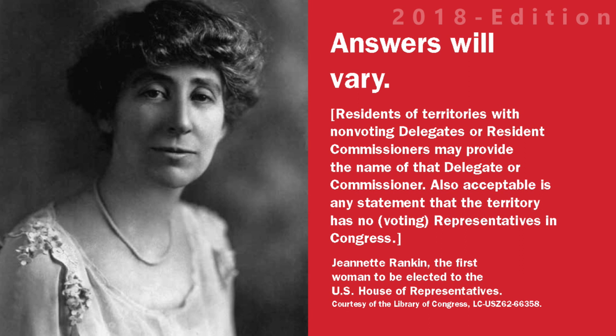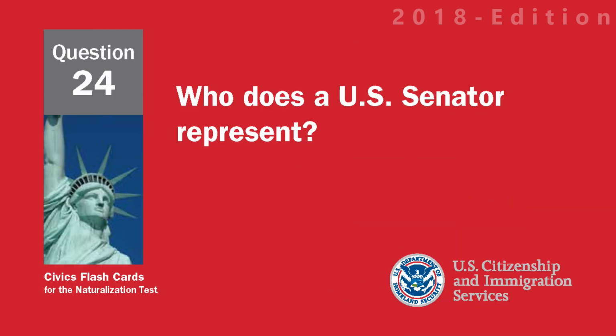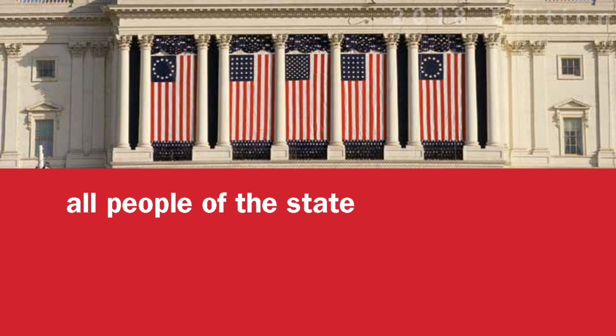Residents of territories with non-voting delegates or resident commissioners may provide the name of that delegate or commissioner. Also acceptable is any statement that the territory has no voting representatives in Congress. Who does a U.S. Senator represent? All people of the state.